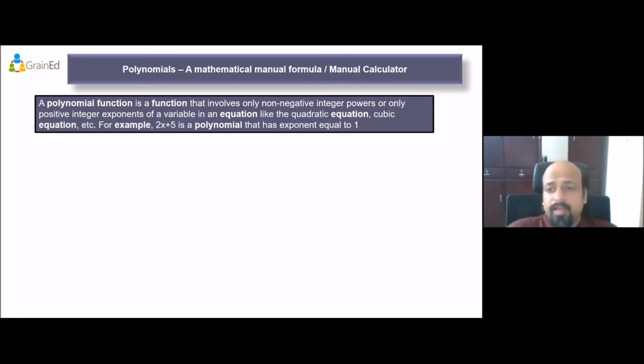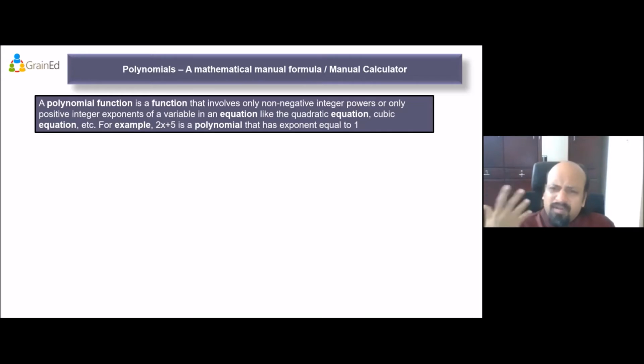Let's put it that way. So what are real life examples of a polynomial? Why is a polynomial used? Where is it all used? Everybody studies 2x plus 5 and quadratic equations in mathematics. But why are we studying them? Where are they used? Can someone answer this? Any real life examples?